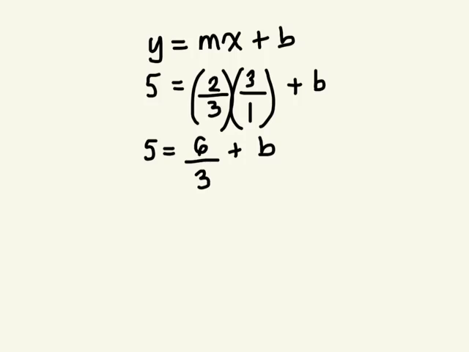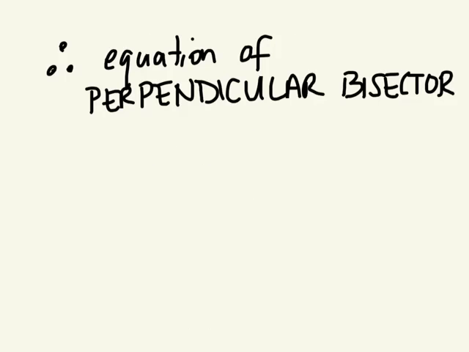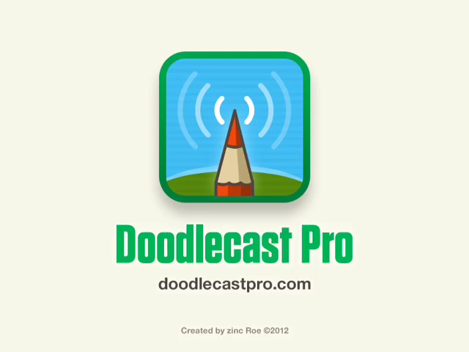What's 6 divided by 3? b equals, what do I do with this positive 2? Bring it over to the other side. It becomes negative 2. What's 5 take away 2? b equals 3. So therefore, what is the equation of this perpendicular bisector? y equals 2/3x plus 3. And that's the equation.